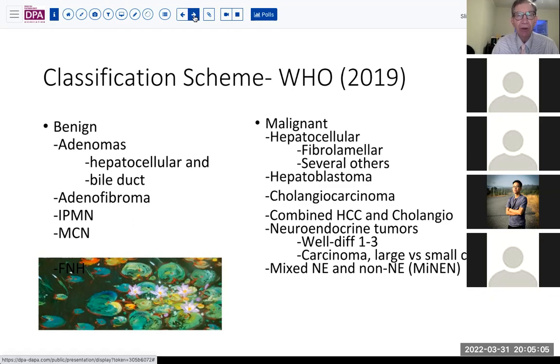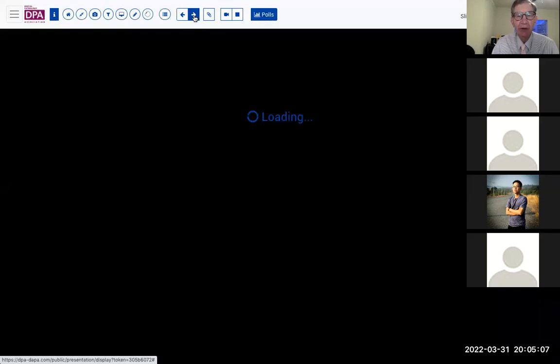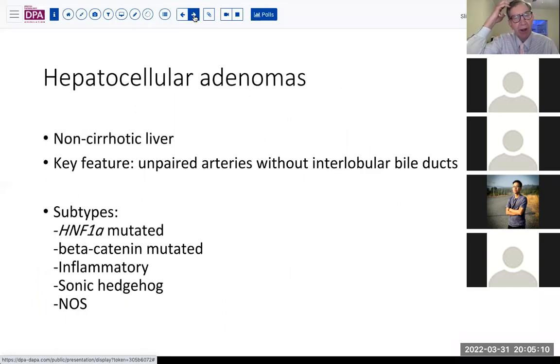So we'll start with some of the benign tumors. The hepatocellular adenoma. This is usually presenting in a patient without cirrhosis. It is identified when you find what looks like a portal triad, but there's no bile duct.